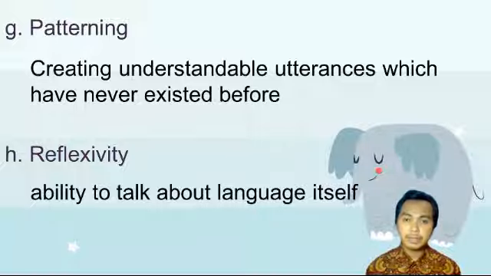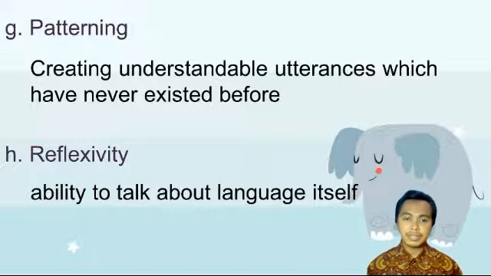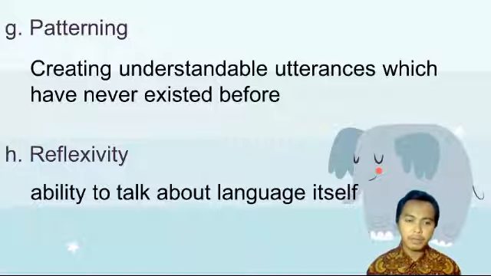Patterning is quite similar to productivity, which is creating understandable utterances which have never existed before. So, for example, you have certain phonemes A, B, S, and T. So you can make some variations through sounds, including creating bats, taps, steps, and best in English.